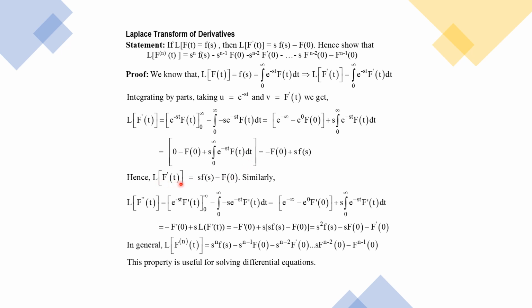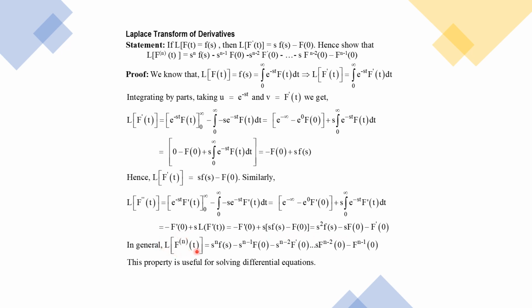Laplace of f'(t) is equal to s F(s) minus f(0). Just we have applied the values: s F(s) minus f(0), so f'(0) multiplied with s gives s squared F(s) minus s f(0).